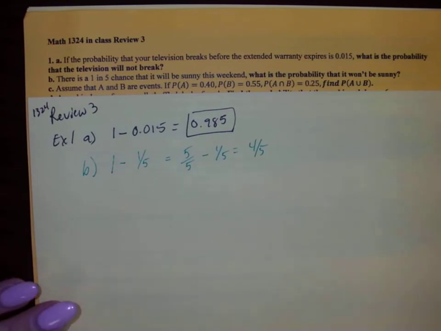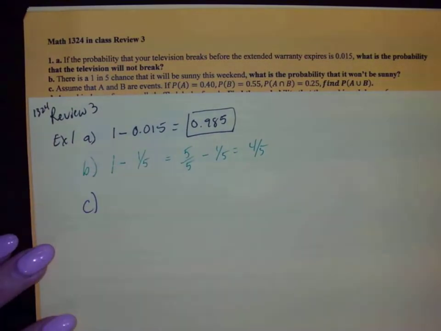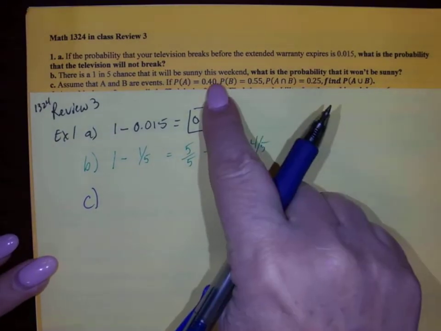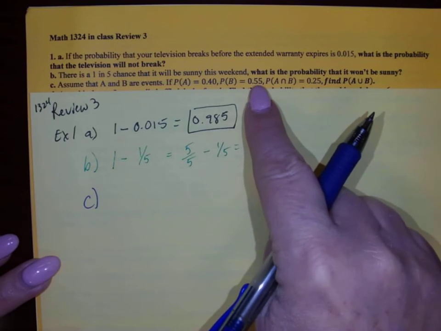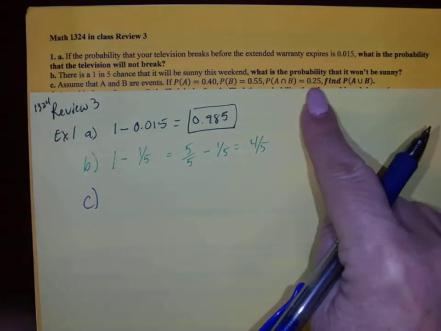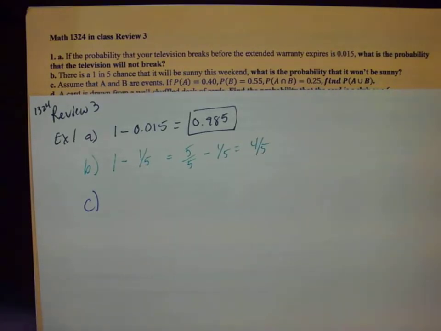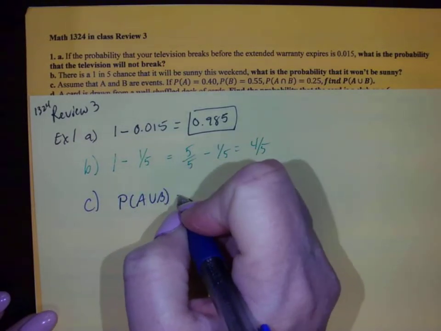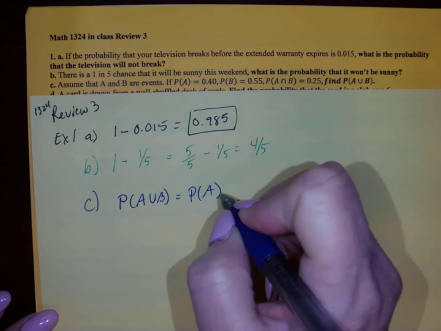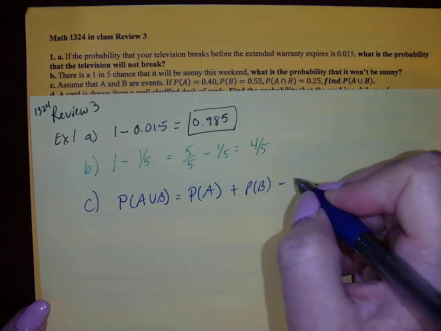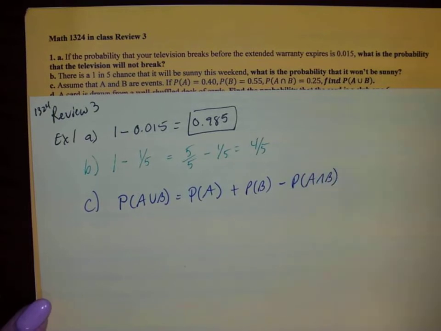All right, part C. If we assume that A and B are events, if probability of A equals 0.4, probability of B equals 0.55, and the probability of the intersection is 0.25, we need to find the probability of A union with B. So there's a formula that says the probability of the union is equal to the probability of each of the parts, in this case A and B, minus the probability of the intersection of the two events.